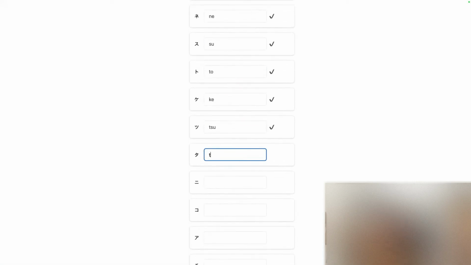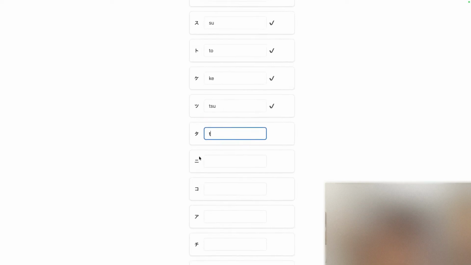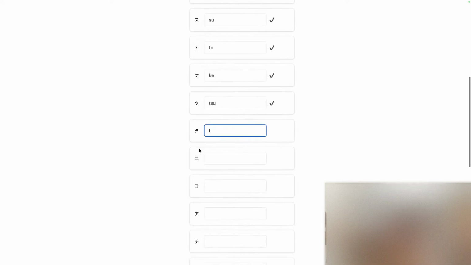The fourth one is ka, a, u, e, o, ka, ki, ku, ke, ko, ta, chi, tsu, te, to, sa, shi, su, se, so. But the S came first and then T. I think this is something with a T. I don't think it's da.